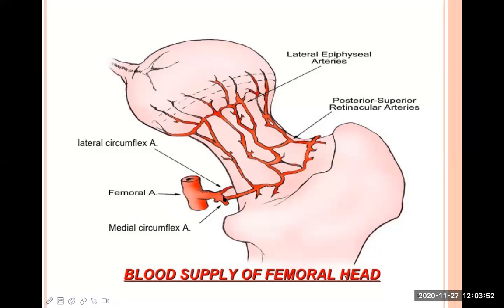They form one anastomosis around the neck, outside the capsule, and so many important branches ascend and supply the head and neck. So if a fracture occurs right here across the neck, these blood vessels are disrupted, leading to avascular necrosis. Never forget this.